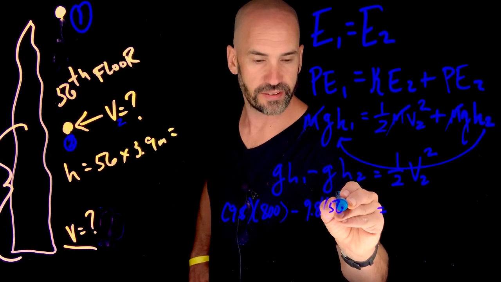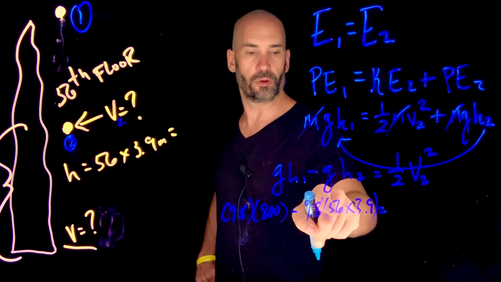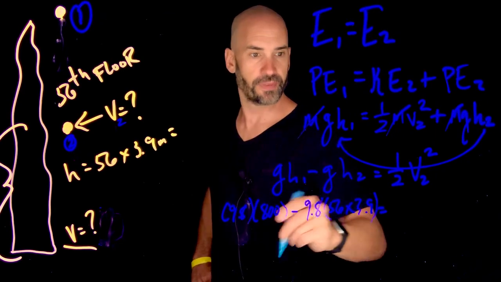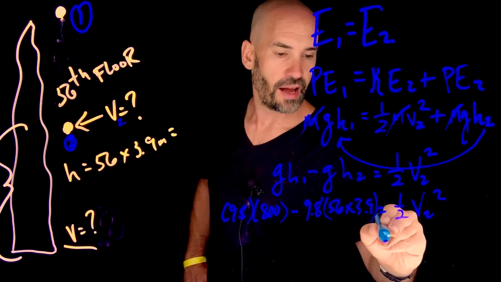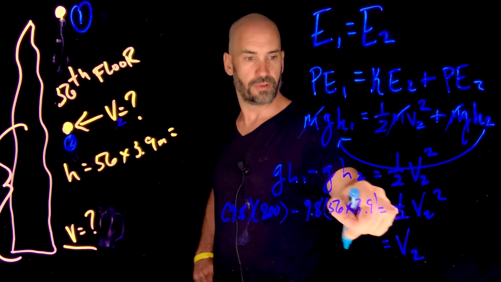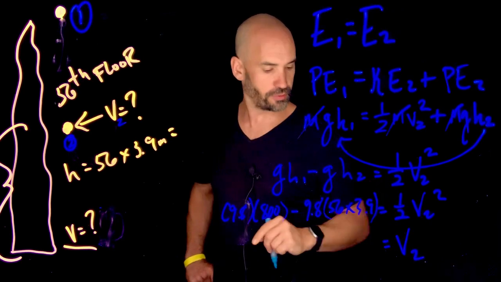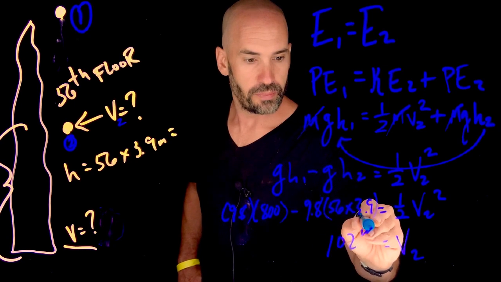So 56 floors at 3.9 meters per floor is equal to 1/2 v2 squared. I solve for my v2 again. I take this, multiply by 2, take the square root, and now I get 102 meters per second.